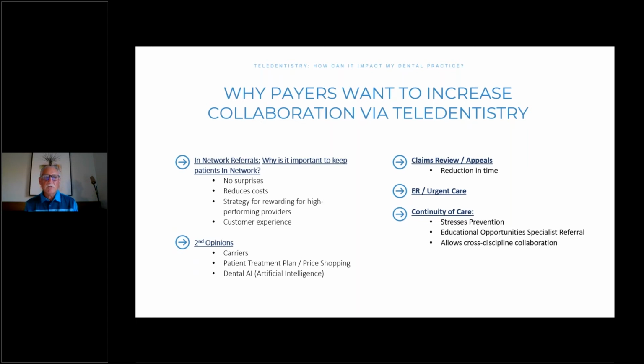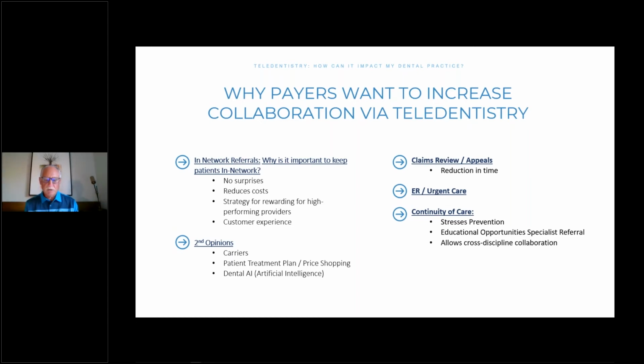Many are starting to use in-network, and they're rewarding their high scoring or high performing providers via teledentistry. So I know of one carrier that looks at their providers based on customer reviews, and they're steering patients to them, either through triage or specialists getting referrals, because they're high performing providers.